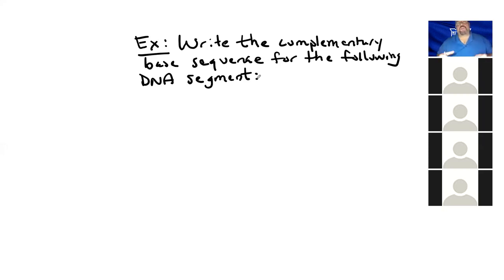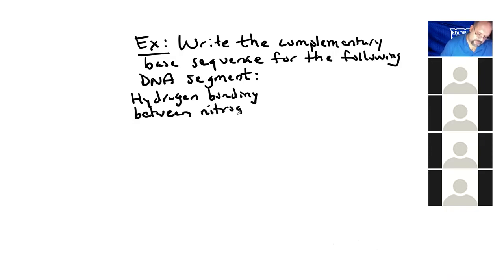What holds the 2 strands together in the double helix is hydrogen bonding between nitrogenous bases. And one of the key points is that the hydrogen bonding between nitrogenous bases is very specific.